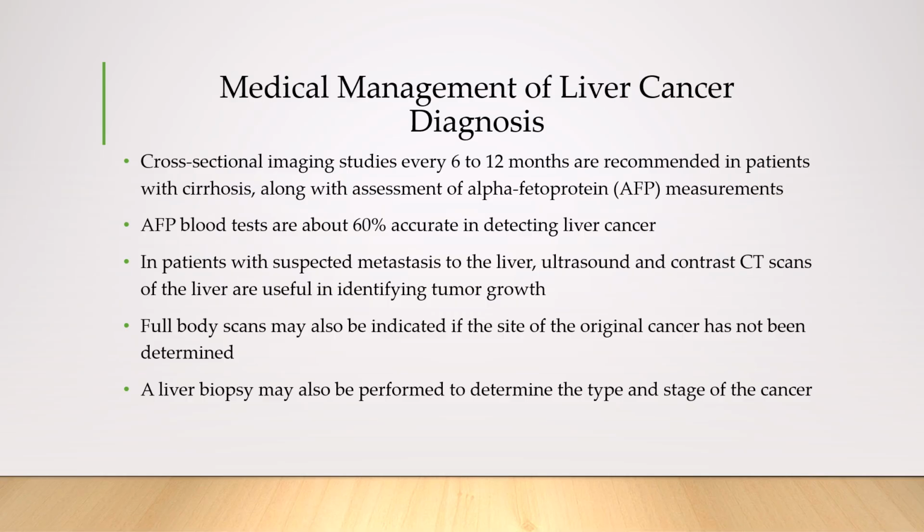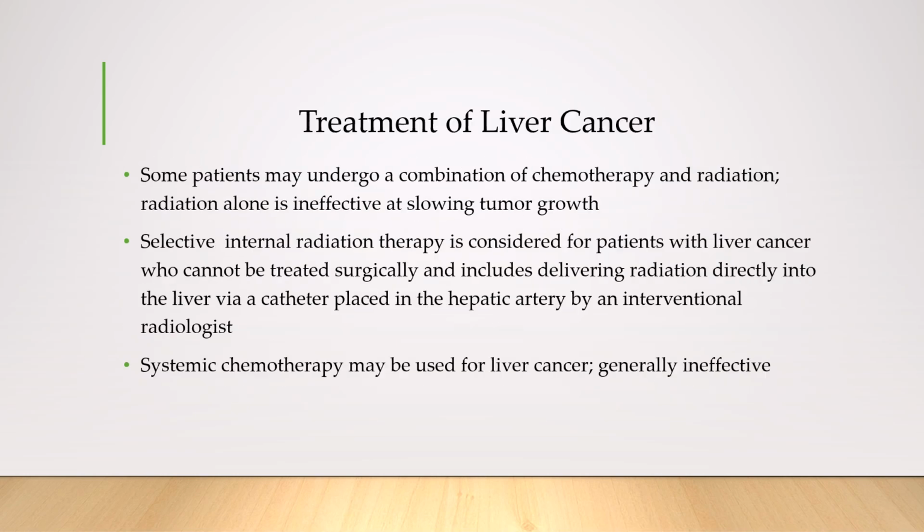In patients with suspected METs to the liver, ultrasound and contrast CT scans of the liver are useful in identifying tumor growth. Full body scans may also be indicated if the site of the original cancer has not been determined. A liver biopsy may also be performed to determine the type and stage of the cancer.